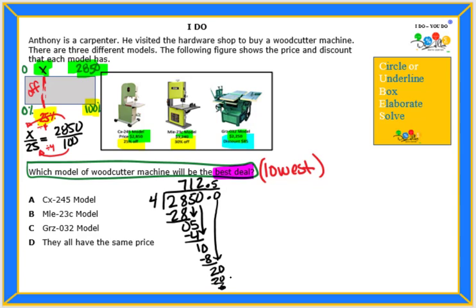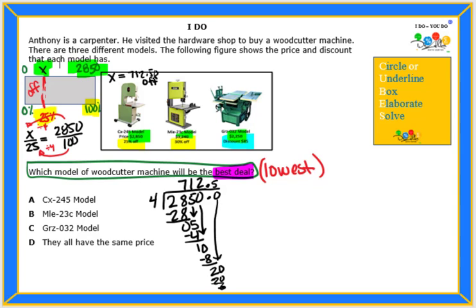So it looks like on this model, x equals $712.50. Now remember, $712.50 is how much we're going to get off. That's the discount, because that's x.